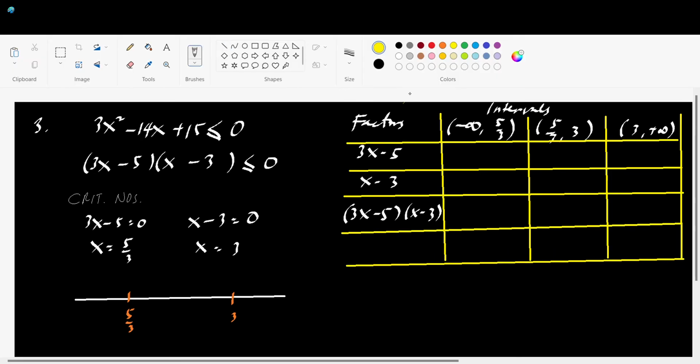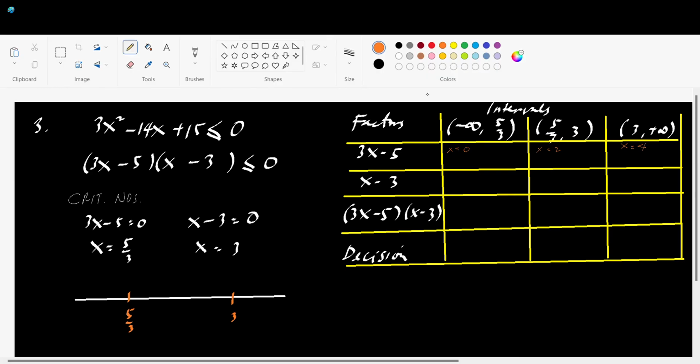So this will be for the decision. Alright? Let us indicate the numbers that we're going to use coming from each interval. From negative infinity to 5/3, well, we can use 0. From 5/3 to 3, 1.67 to 3, well, we can choose x equal to 2. 3 to positive infinity, we can use x equal to 4.